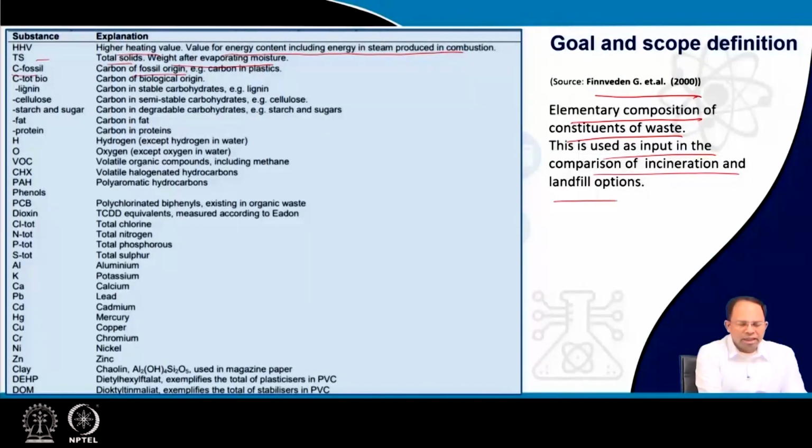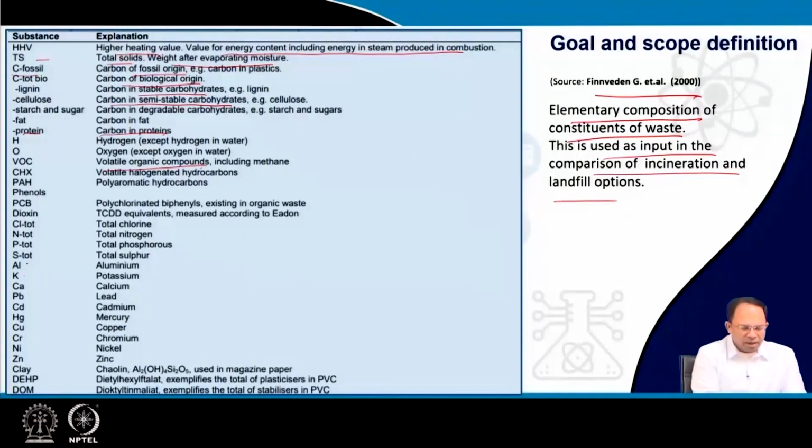C bio is carbon of biological origin. C lignin is carbon in stable carbohydrates. C cellulose is carbon in semi-stable carbohydrates. Then coming to protein, carbon in protein form. H is hydrogen except hydrogen in water. O is oxygen. VOC is volatile organic compounds. Then PCB is polychlorinated biphenyls.